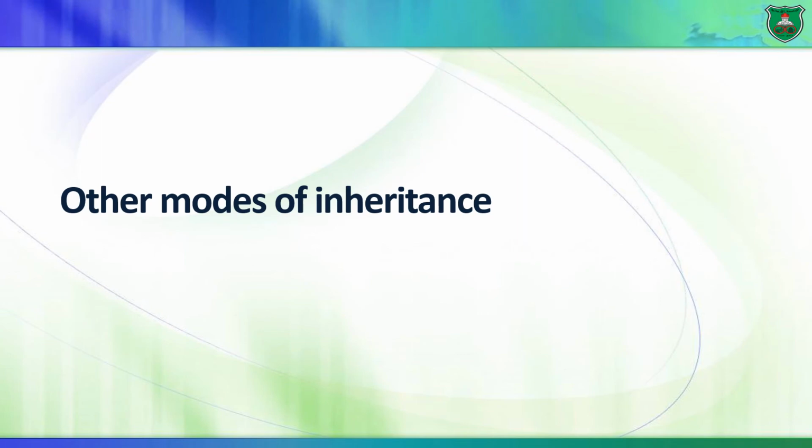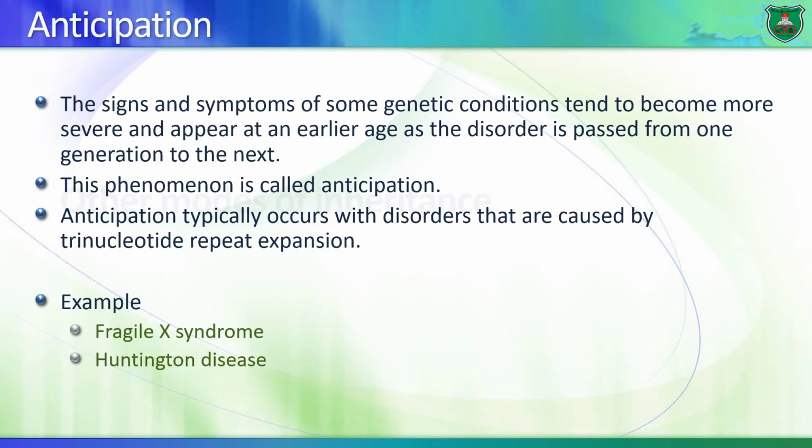Now let's go over other modes of inheritance. One of them we talked about before, which is anticipation, which means that the genetic condition would tend to become more severe and appear at an earlier age as the disorder is passed from one generation to the next.